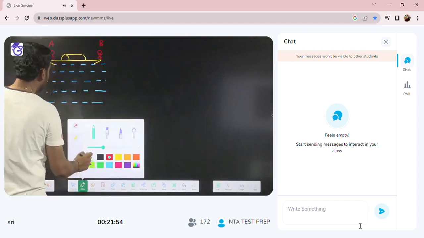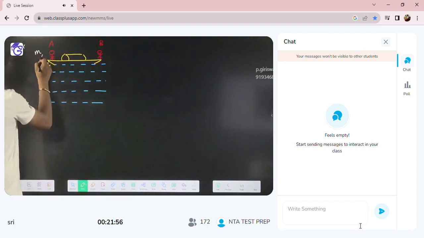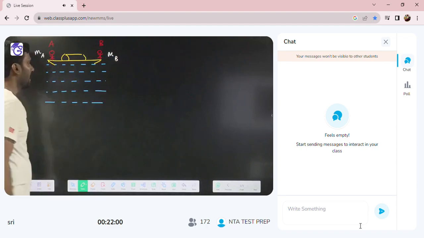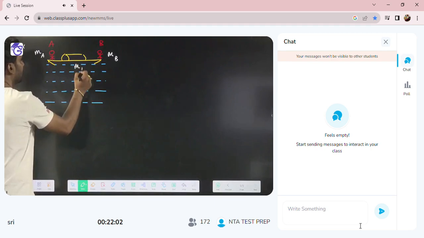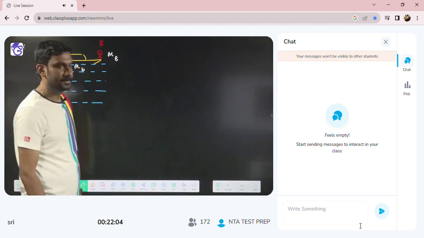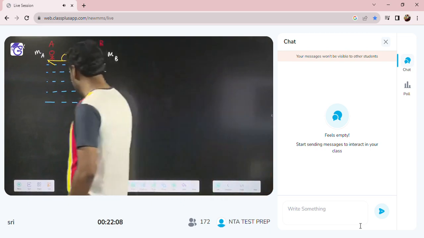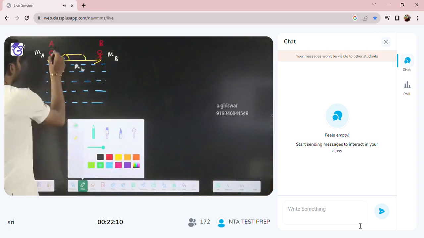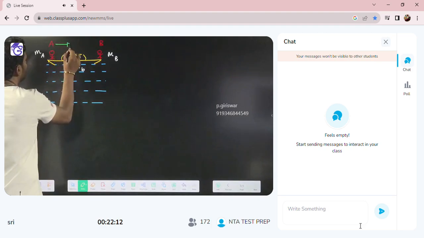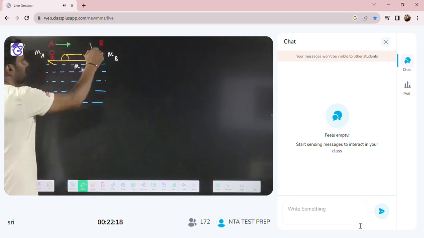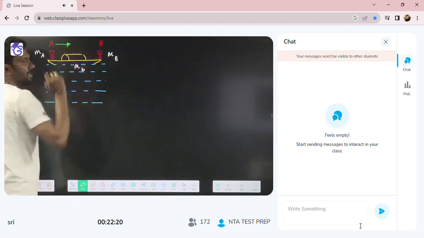It is also being given the mass of this person is MA, the mass of this person is MB, and the mass of the boat is given as Mb. Right? What is happening right now is this person A starts walking towards B, and it comes here. This person A comes here.